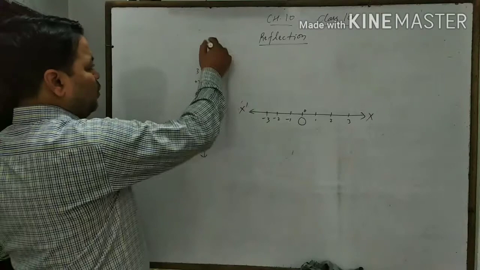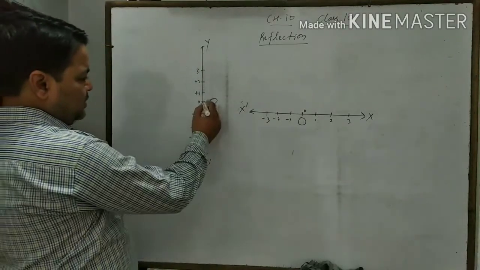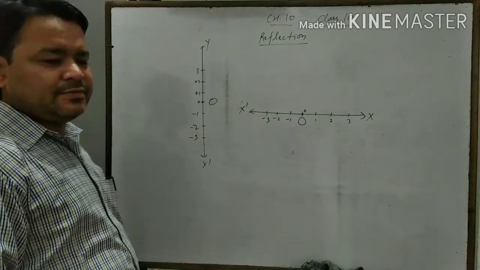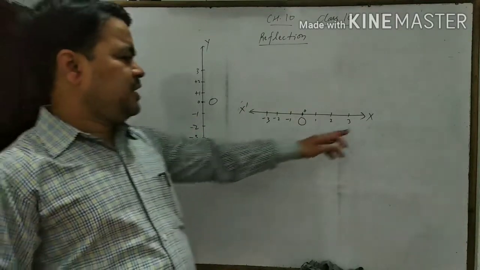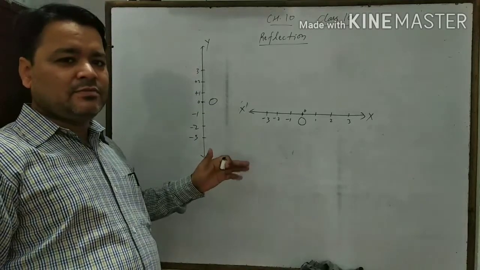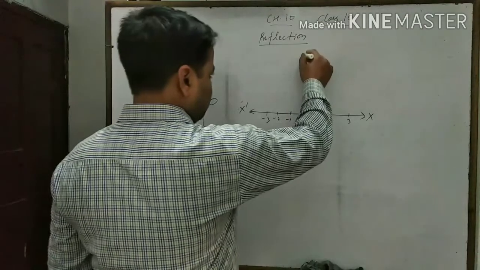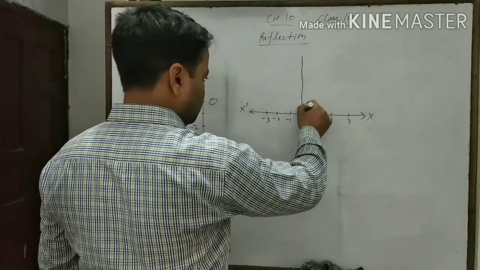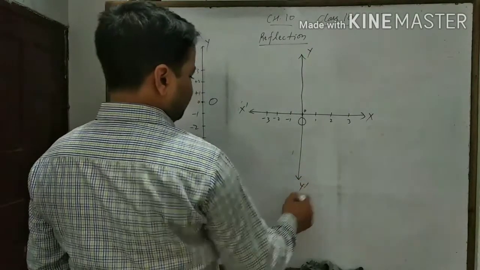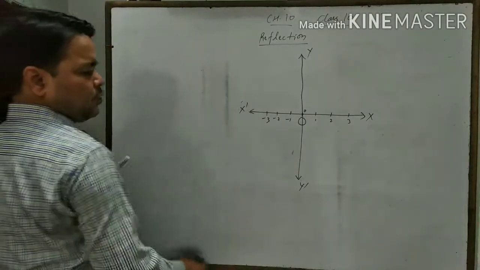This is called YOY', in such a way that the 0 and 0 coincide, and lines XOX' and YOY' become perpendicular to each other. Means like this. Here this is Y, Y'.